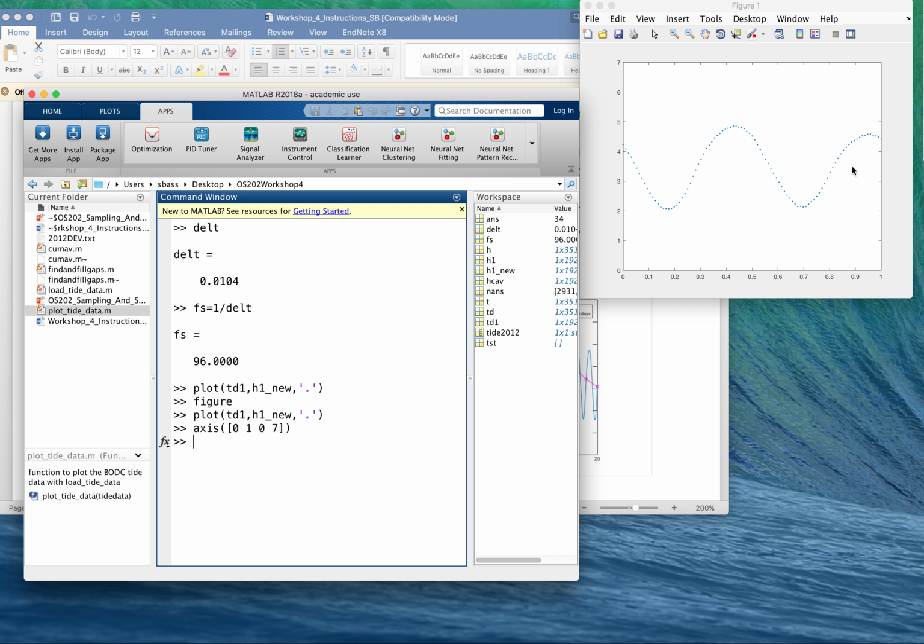Now what we want to do is, we can't sample faster than this, but we can undersample. So we could pick every second data point, which would give us a sampling rate of 48 samples per day. If we wanted to sample, say, twice a day, we'd have to sample every 48th data point.